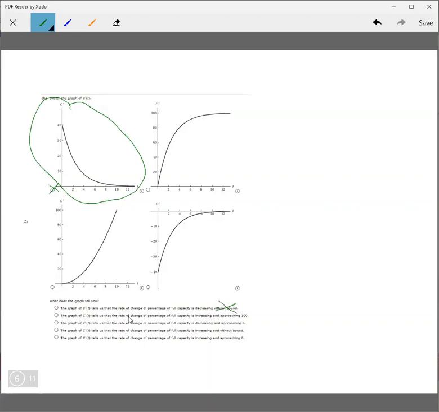The graph tells us that the rate of change of percentage of full capacity is increasing. No, that's not increasing. The rate of change is decreasing and approaching 0. So it looks like this one maybe. The other one says the rate of change is increasing without bound. No, it's not even increasing.